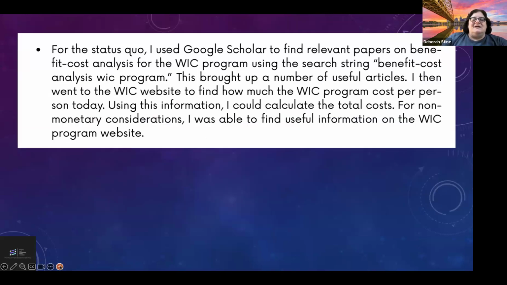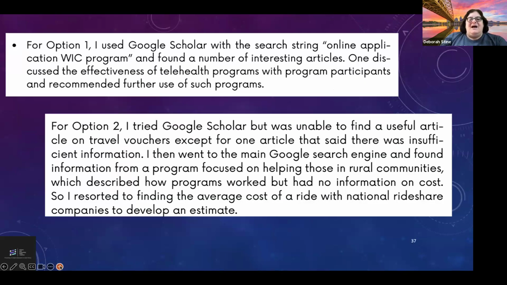For the status quo, the current situation, I went to Google Scholar and looked for benefit cost analysis on the WIC program. I was lucky, I found a number of different things, including, interestingly, analysis in other countries that was done on the United States WIC program. Then I could figure out what the total costs are. For option 1, the idea is that women didn't have to go with their kids in person to a center.